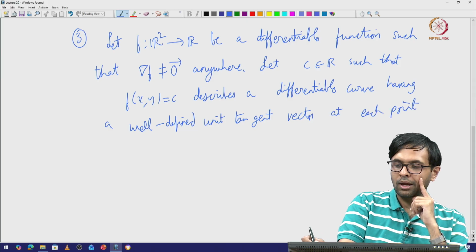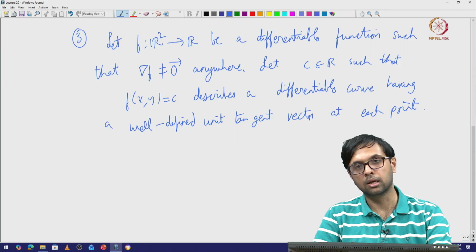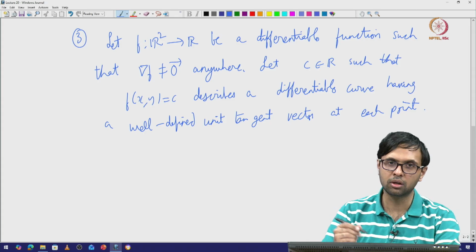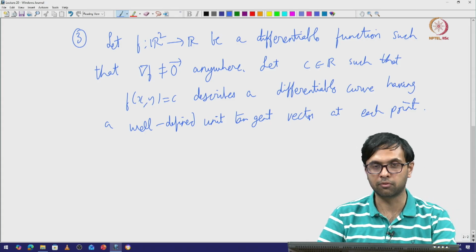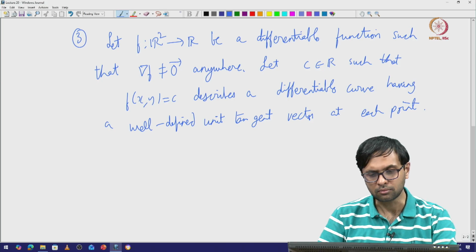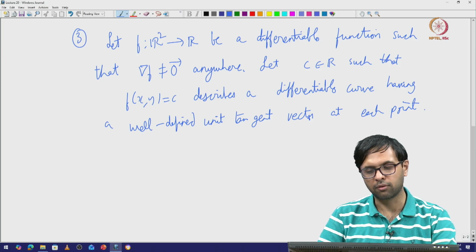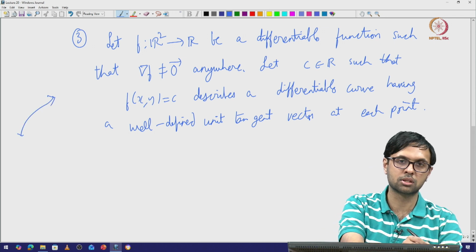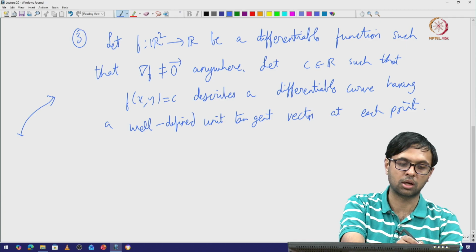Okay. I am being a bit vague here deliberately. This is something we will look at later, but it's good to see this beforehand once. So when I say differentiable curve, what do I mean here? I mean that the curve is simply a geometric object in R2.